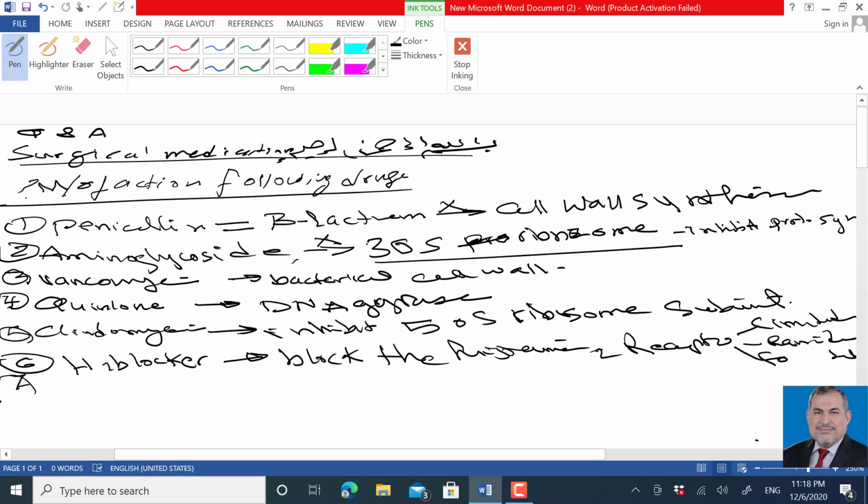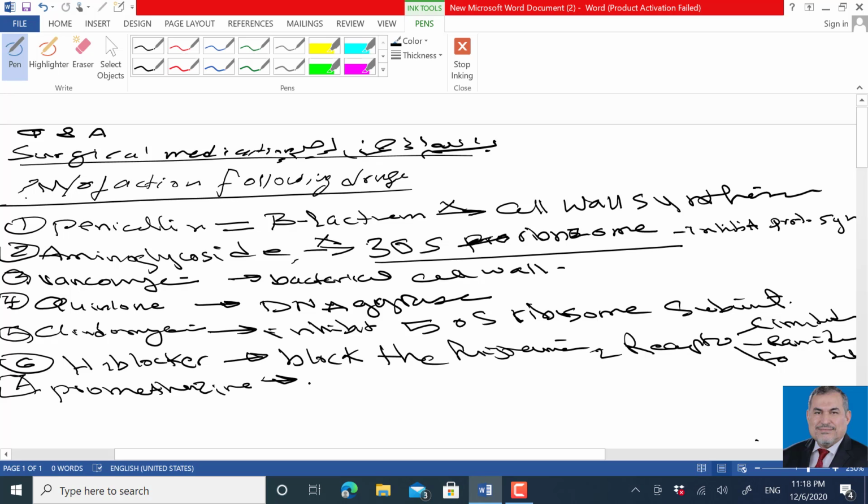Okay. What's the action of promethazine? Promethazine is an anti-nausea drug that affects the medullary chemoreceptor trigger zone.